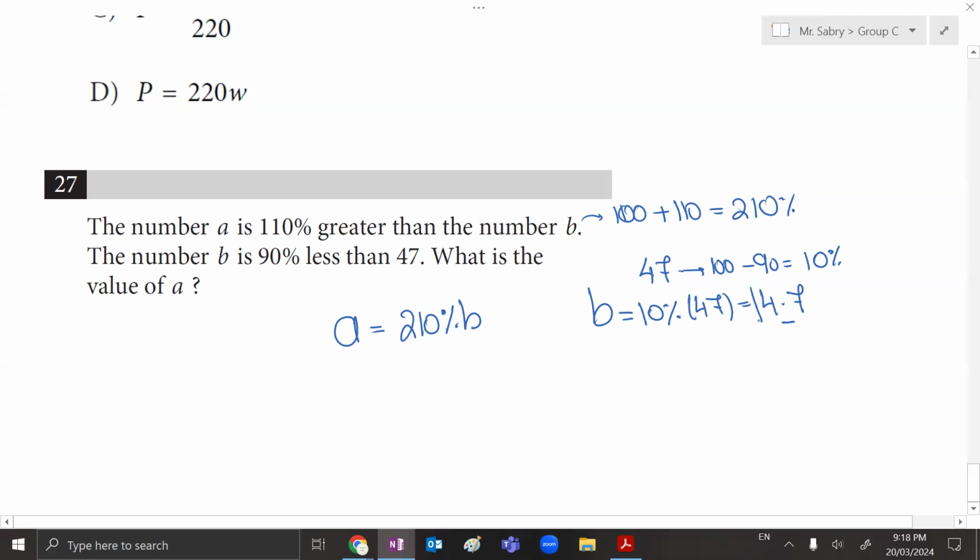Now, if I know that B is 4.7, I can substitute B over here. And then I'll know that A is supposed to be 20% times 4.7. On a calculator, you'll just do 20% times 4.7, and it would get you 0.94.